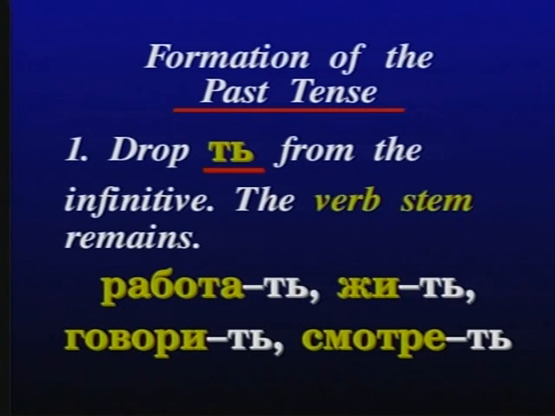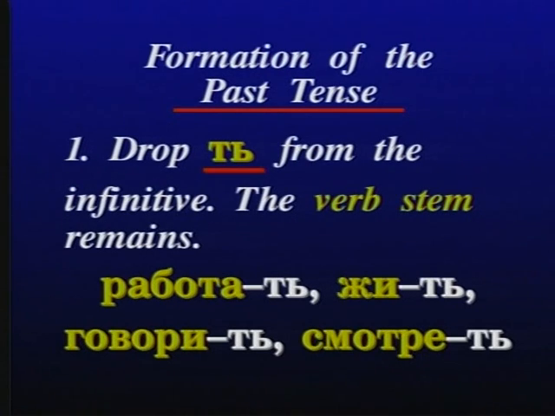Говорить. Again, let's get rid of the infinitive ending. So the verb stem of говорить is говори. Смотреть, to look, to watch. Again, let's get rid of the -ть and the soft sign and let's find the verb stem. The verb stem of смотреть is смотри.